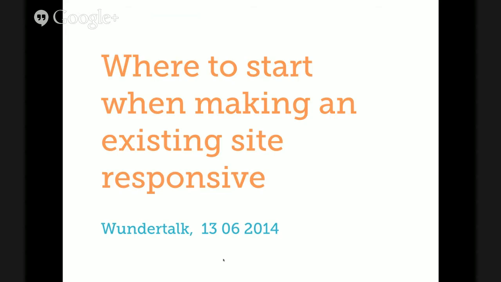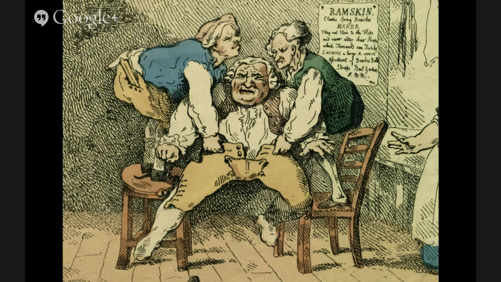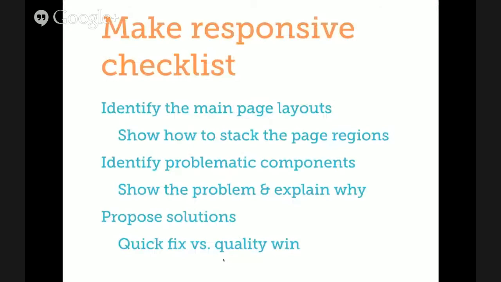So, yeah, making an existing site responsive is not necessarily that easy. There's some straightforward stuff you can do, and there's some specific items you need to take attention to. So what we're going over shortly is that we'll have to identify main page layouts and see how they will stack for smaller screens.